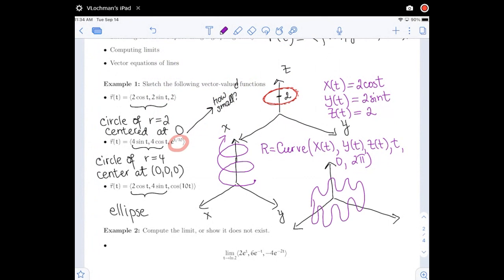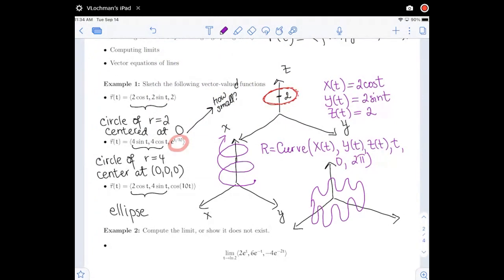Again, you don't necessarily need to go through a deep analysis of these, but I think it's good to do this to really understand why these curves formed the way they are. Why do I have a spiral? Why do I have one spiral that goes fast up in the z direction and another one that does not? It's because of how our third component functions are defined.